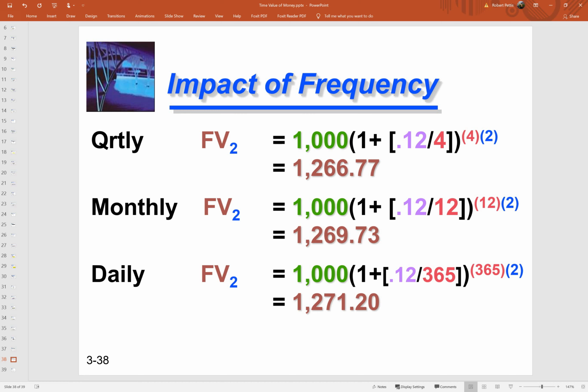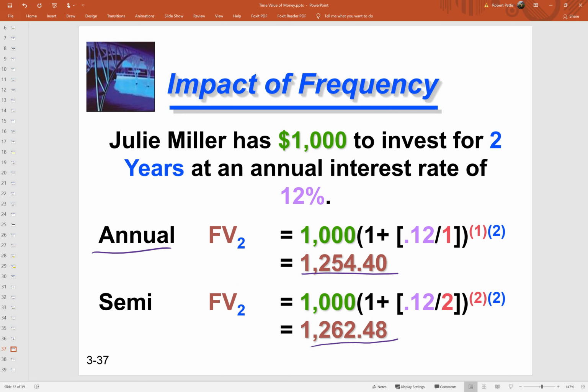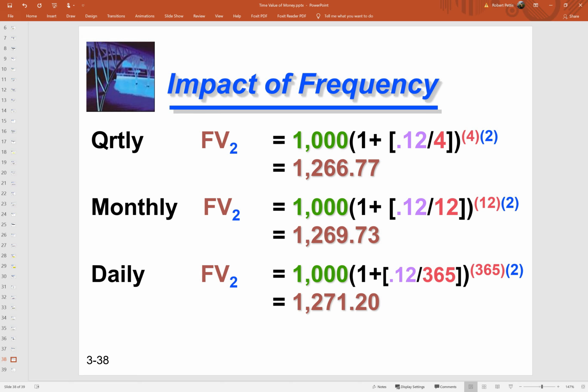But let's see how much more if we keep increasing the number of times she gets compounding. Quarterly, so 4 times a year, she'd get $1,266.77, monthly $1,269.73, and daily $1,271.20. So daily is $1,271.20, and if it was annual, it would be $1,254.40. So we've got a decent amount of difference there.